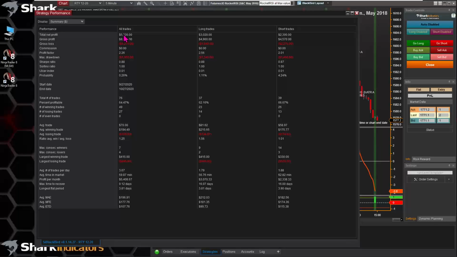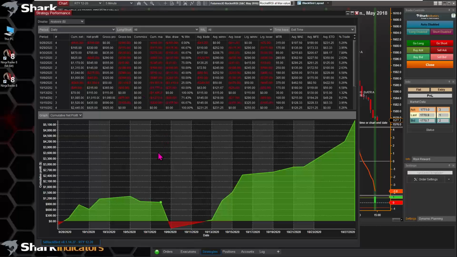Now it's $5,000. Let's take a look at the equity curve, because that really matters. On this equity curve, I would say it definitely looks like a safer bet. You're gradually moving from the bottom left to the upper right.